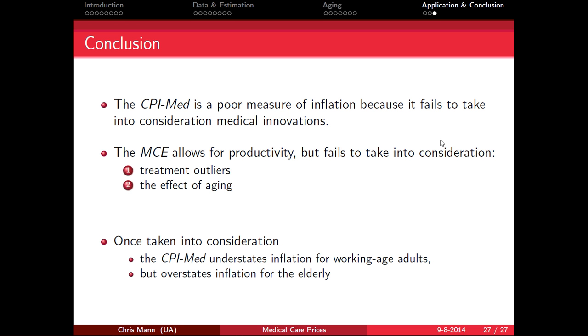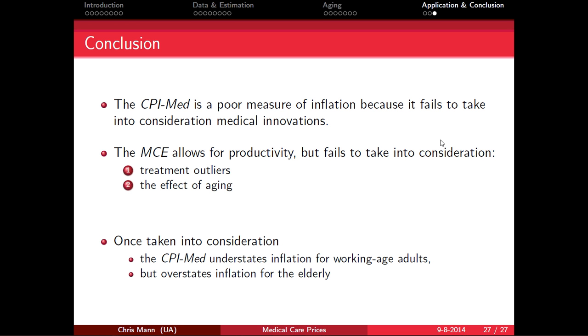But an even bigger component is this effect of aging, right? The fact is that typical healthcare consumer expenditures are growing much higher than what is found by calculating the MCE in that particular method. That's because people are getting older and they're using a different mix of services.